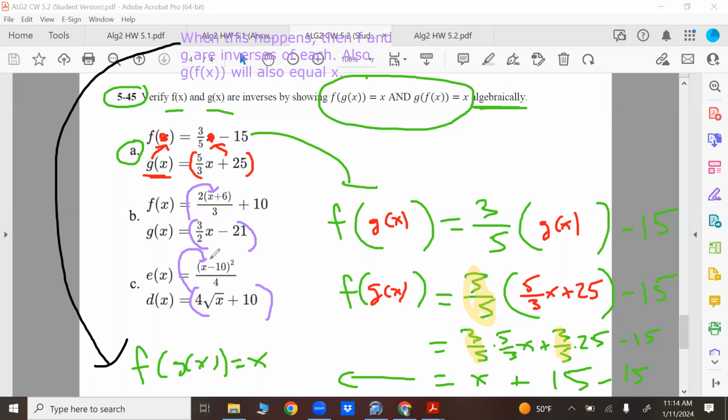So 3x minus 30 over 3 plus 10, then divide each of those by 3, and then you got it. Yeah, just keep going.